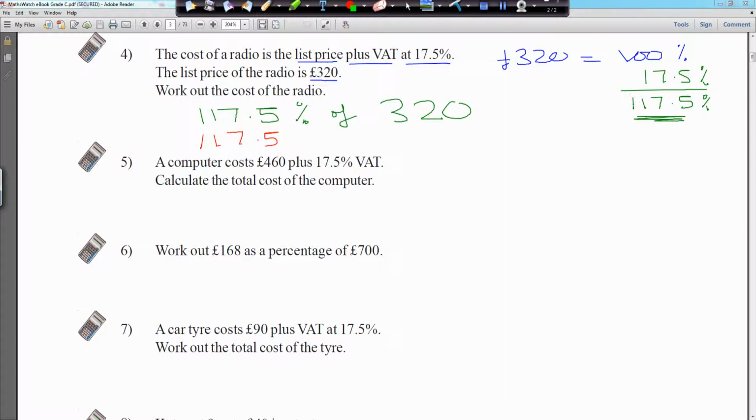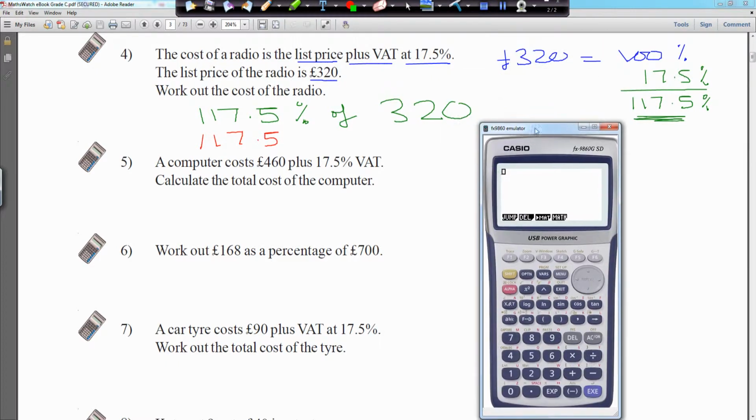Let's see if we can find it on this calculator. I know where it is on the calculator I use. Here's our calculator. Now let's have a look on this one. Where is the percentage button? I can't seem to see it anywhere at all.